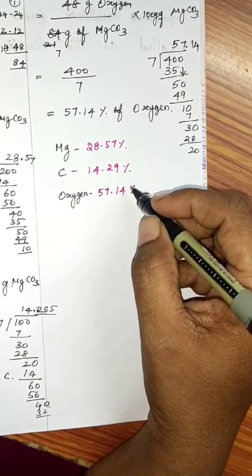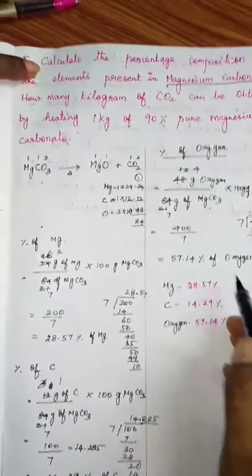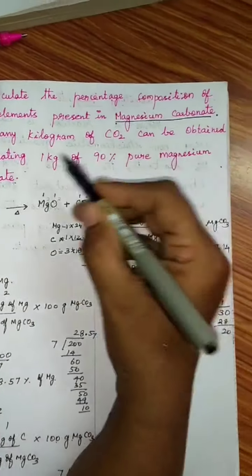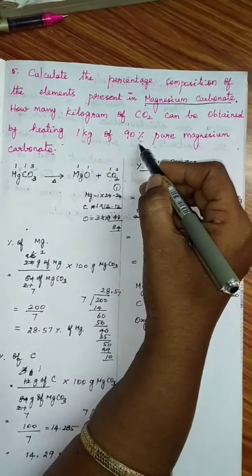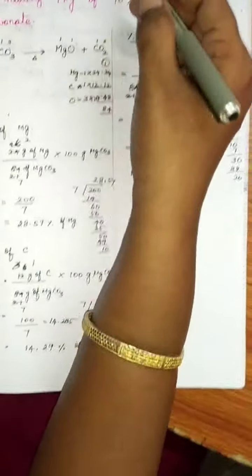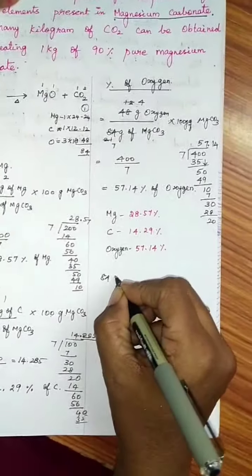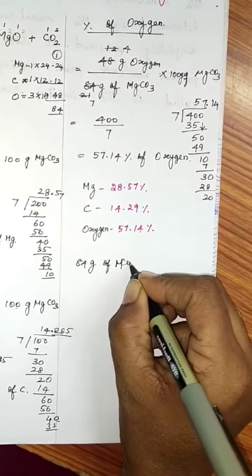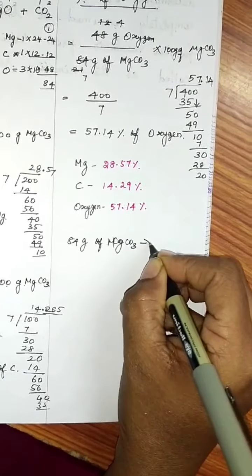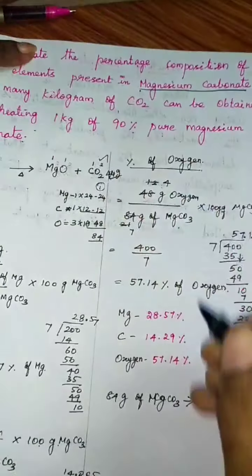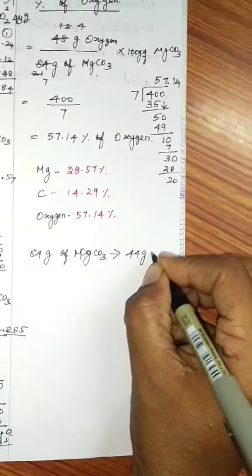Next we are going to see the next problem. How many kilograms of carbon dioxide can be obtained by heating 1 kilogram of 90% pure magnesium carbonate? 84 gram of magnesium carbonate produces carbon dioxide, and we have already found out it is 44 gram of carbon dioxide.